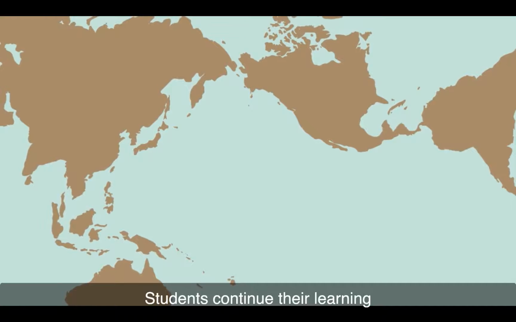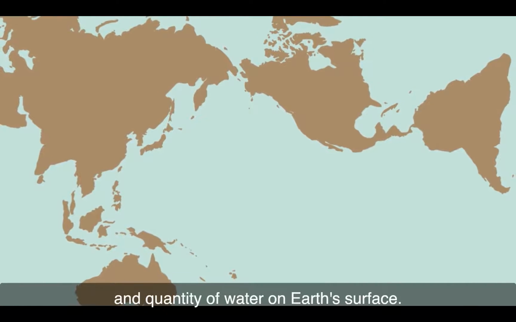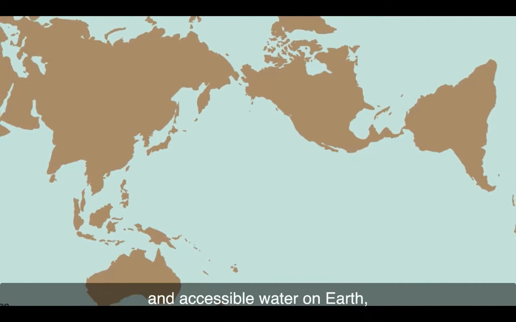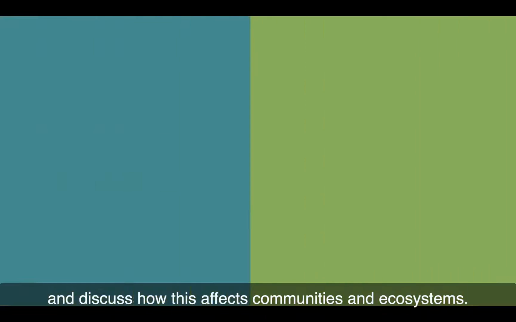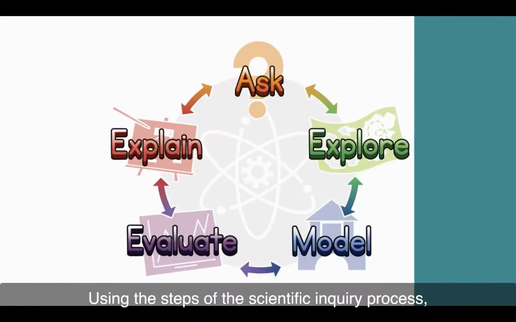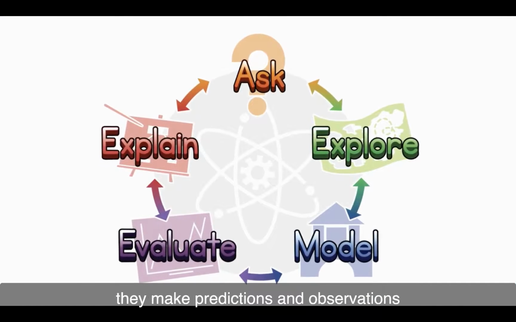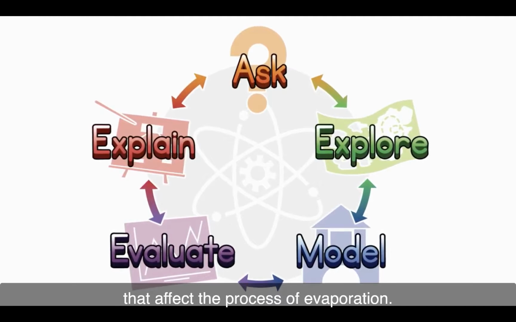Students continue their learning as they examine the location and quantity of water on Earth's surface. They research the amount of usable and accessible water on Earth and discuss how this affects communities and ecosystems. During the project, students investigate evaporation. Using the steps of the scientific inquiry process, they make predictions and observations to investigate factors that affect the process of evaporation.